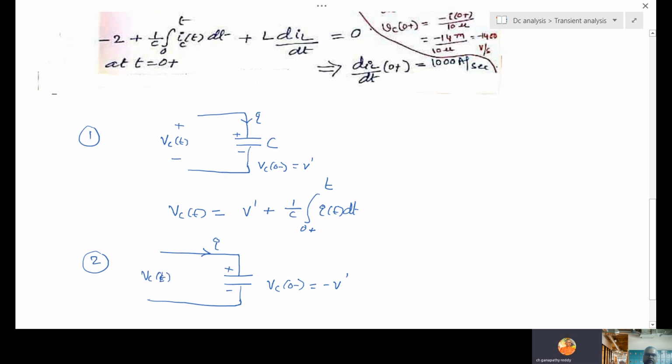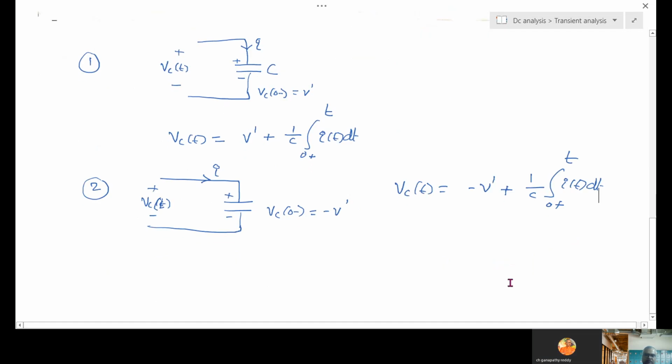To write Vc of t: minus V prime plus 1 by c integral 0 plus to t of I of t. These are just possible situations. Current can be reversed.